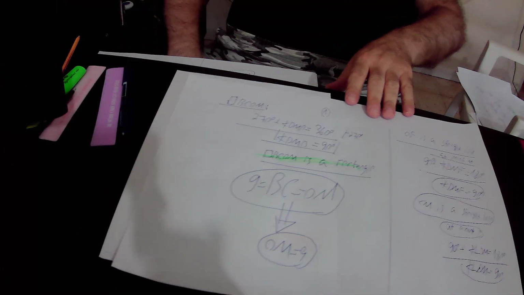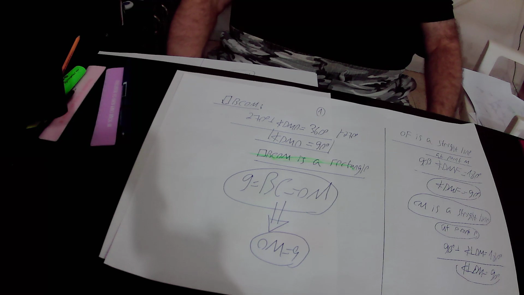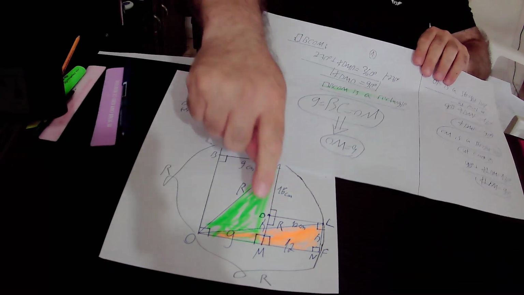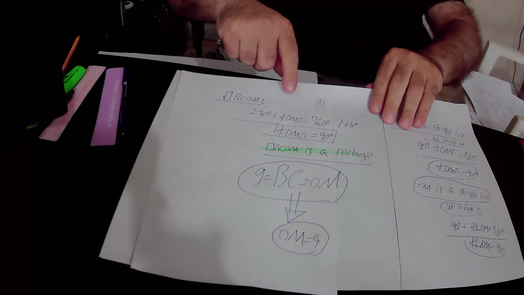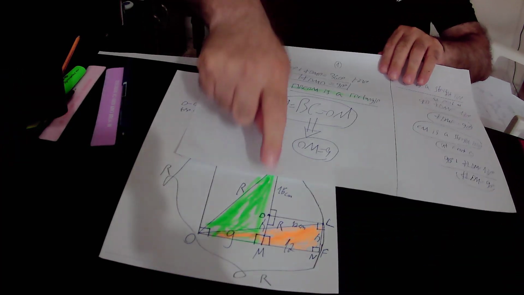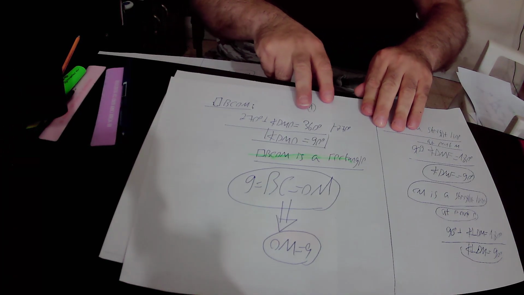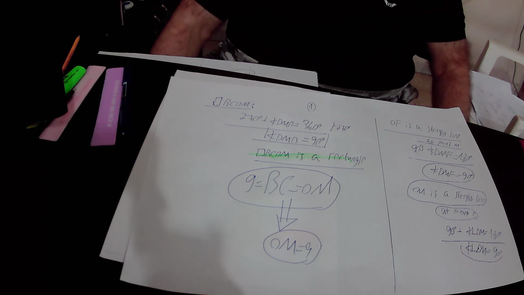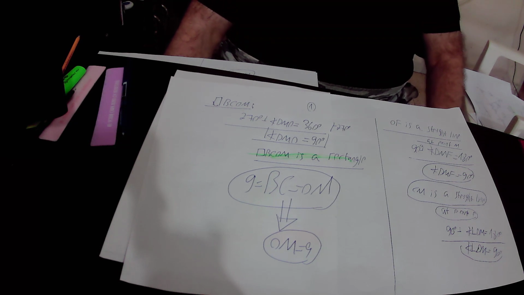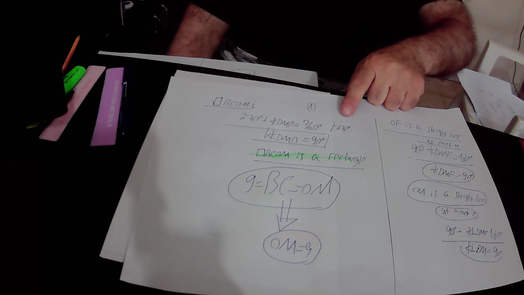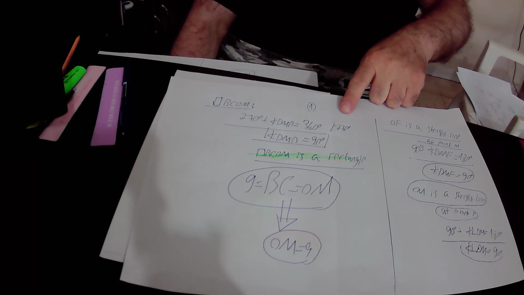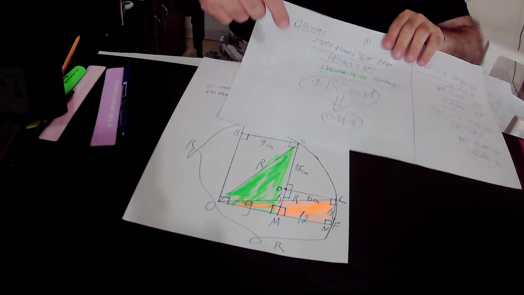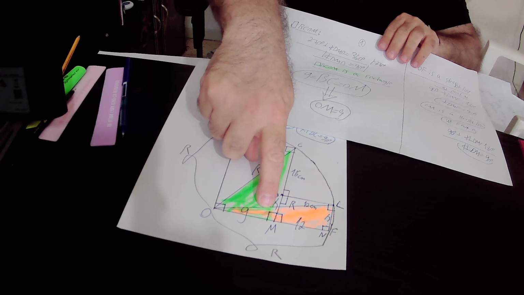The sum of 3 right angles is 90 times 3, which is 270 degrees, plus the size of the fourth angle, angle DMO. In total, the sum of those 4 angles must equal 360 degrees, according to the rule that the sum of the angles in any quadrilateral is 360 degrees. So we subtract 270 degrees, and we find that the missing angle DMO equals 90 degrees. So this angle is a right angle.